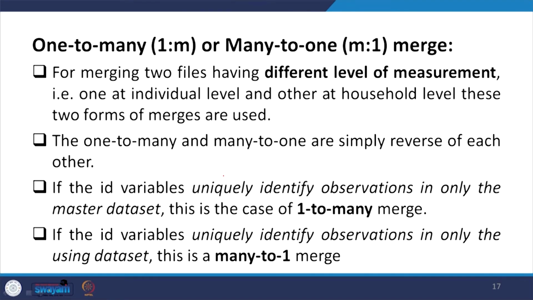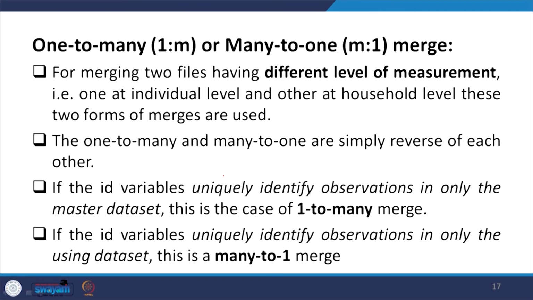If the ID variables uniquely identify observations only in the using data set, then you have to go by the reverse approach, many to one.